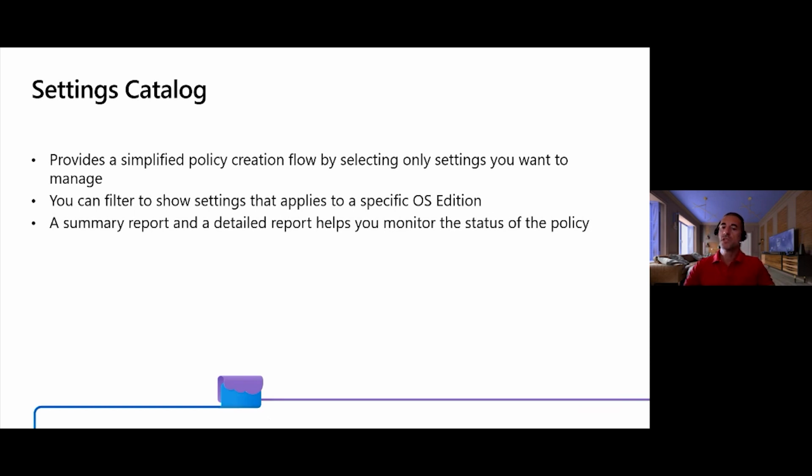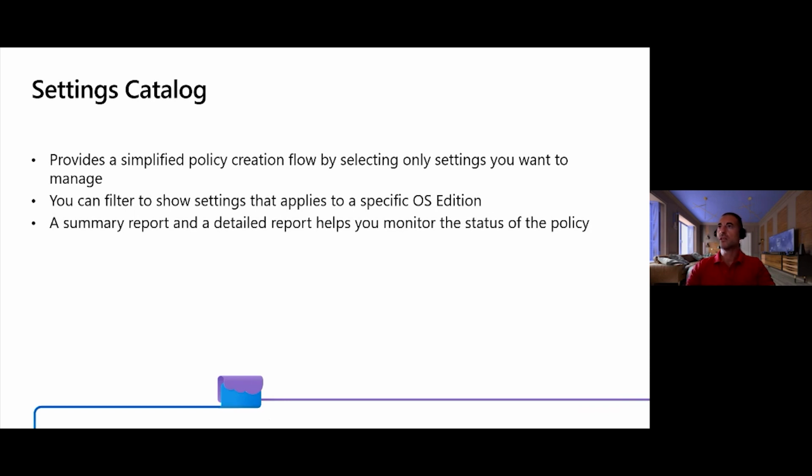When creating policies in the settings catalog, you can also apply filters to narrow down the settings that you want to be shown while you are searching for them. And the settings catalog also offers a summary report where you can see an aggregated view of your policy state and also the properties of the policy that you have deployed.